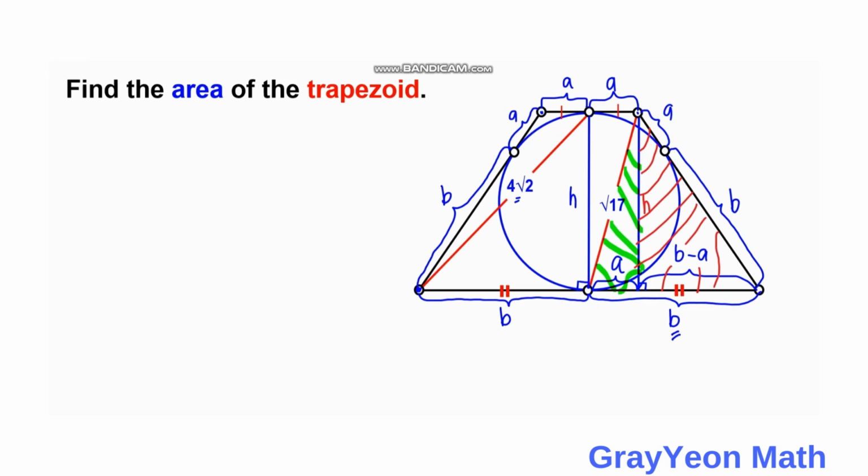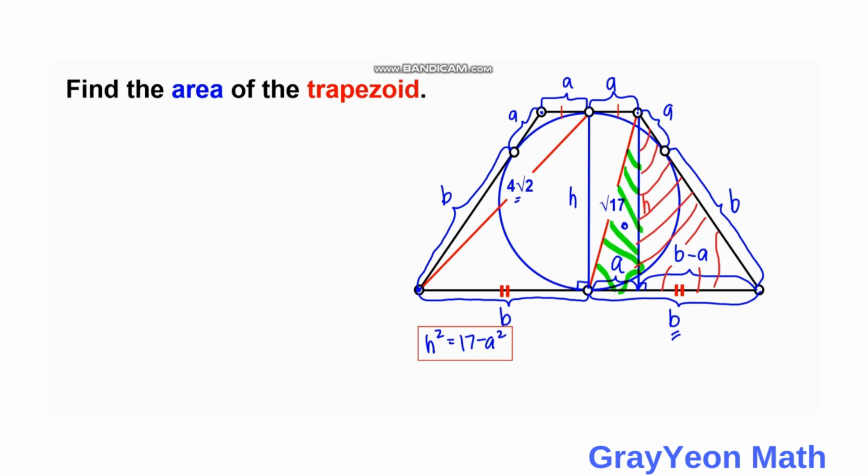Okay, so focusing on the green shaded triangle, h squared is equal to the hypotenuse squared minus this shorter leg A at the bottom. So this right triangle: 4 square root of 17 squared minus this A squared. So we have h squared is equal to 272 minus A squared.